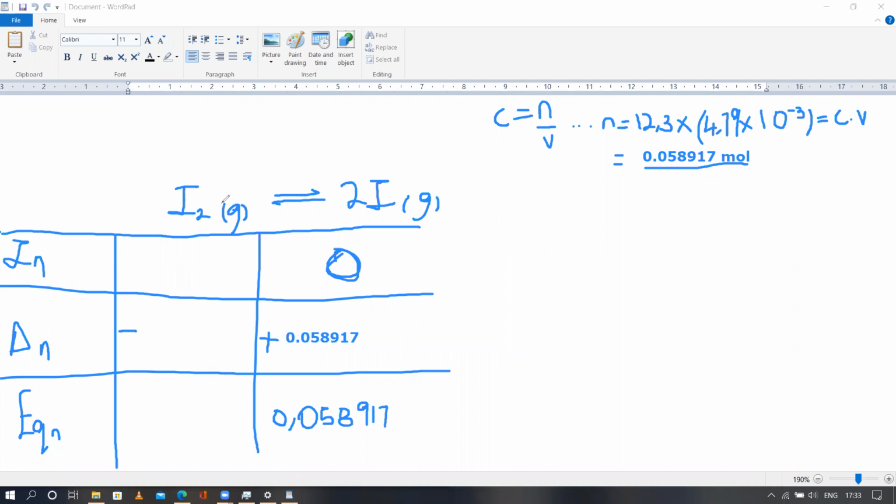Since the initial mass of the iodine molecules is unknown, here you're gonna have X. You can choose whichever letter you use to represent the unknown, but I choose X. And now you're gonna use your stoichiometric ratios, where you're gonna have 1:2, for your iodine molecules that's 1, and for your iodine atoms that's 2. So you're gonna have X is to 0.0589117.